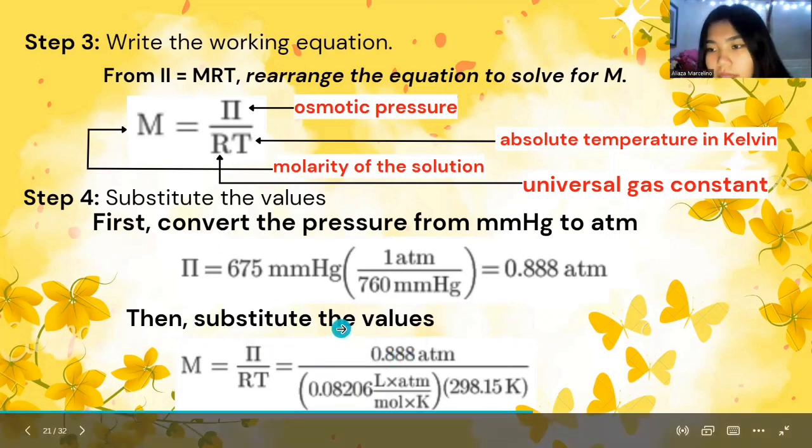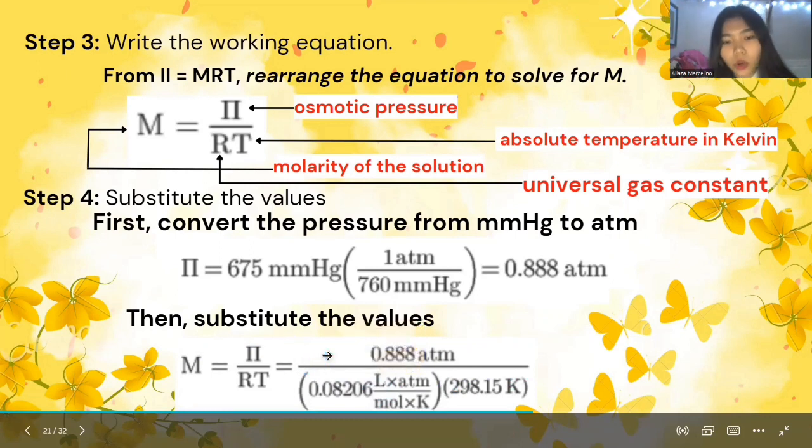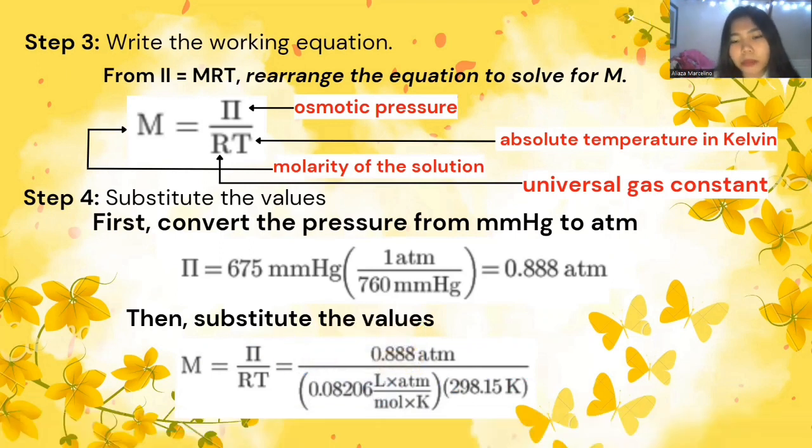And our denominator is the R and T, which is our R is equivalent to 0.08206 and 298.50 naman sa T, which is given din po ito, kaya tandaan po lagi natin ang mga given numbers nila. Then kapag na-substitute na lahat, I suggest na sunod-sunod po natin itong i-compute sa calculator para makuha natin ang tamang sagot.